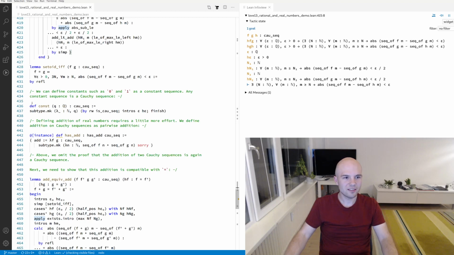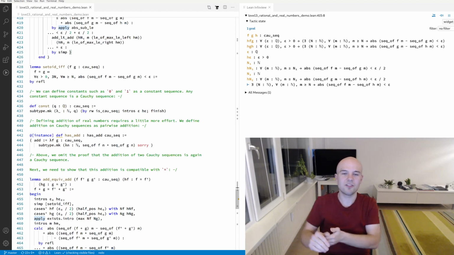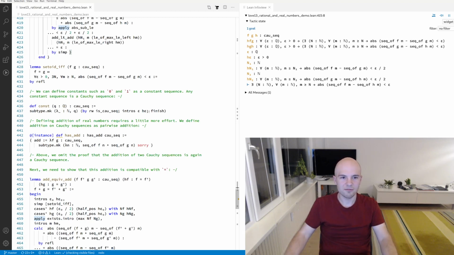So we define the constant Cauchy sequence for every rational number, which completely ignores the index, and for every index in the sequence returns the same rational number, and this is a Cauchy sequence by a straightforward proof.